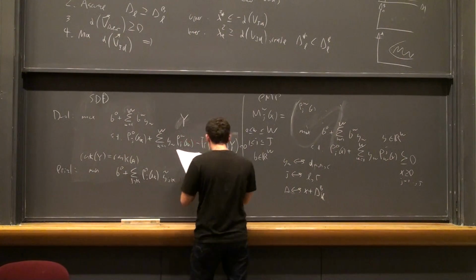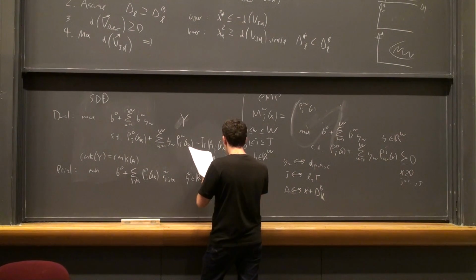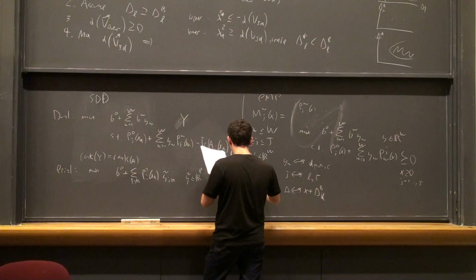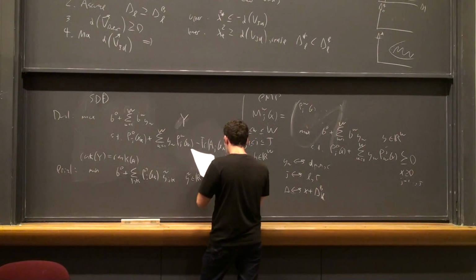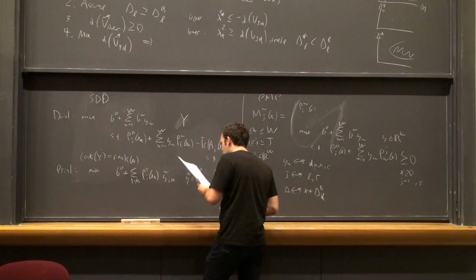And then there's some new matrix Y tilde, which is defined to be the sum of the A's, which have label J, evaluated at points K, with Y tilde. So the sum runs over J and K. So the statement is that this thing is supposed to be 0.